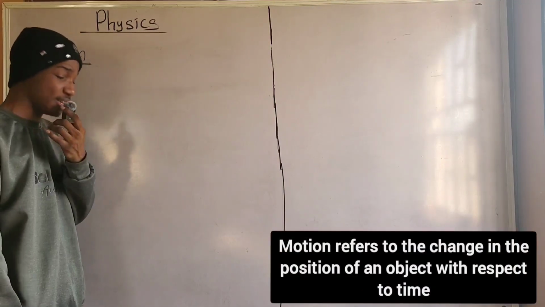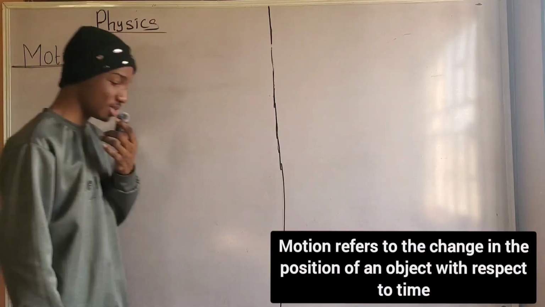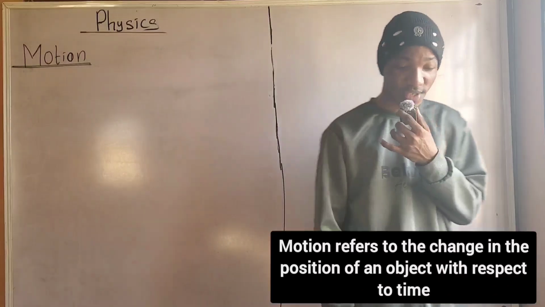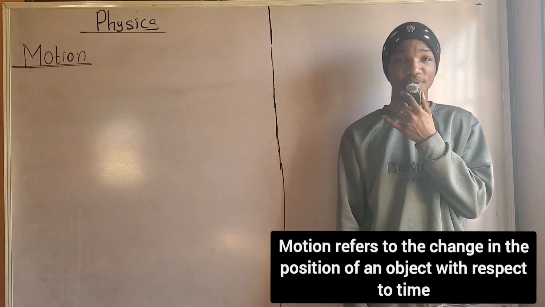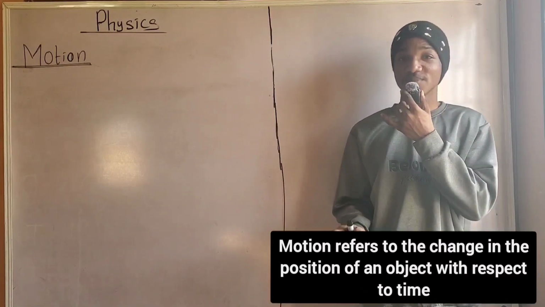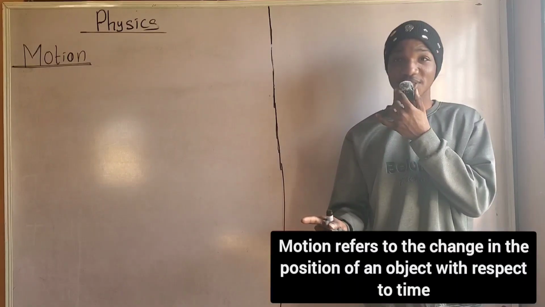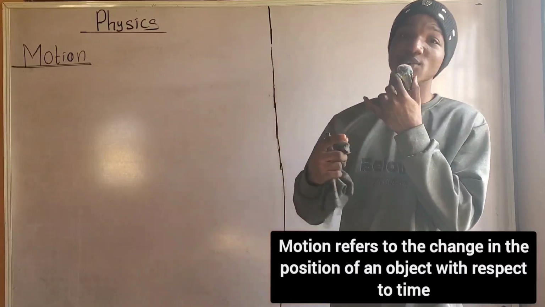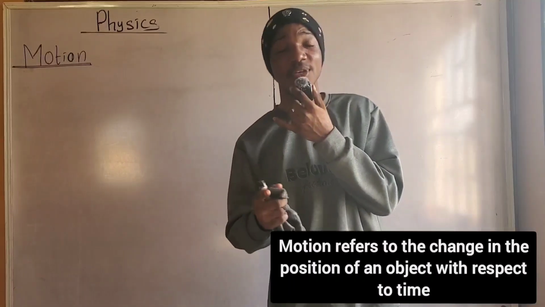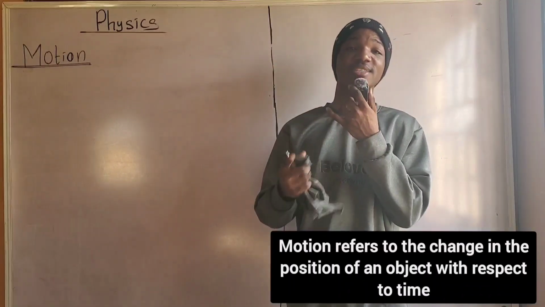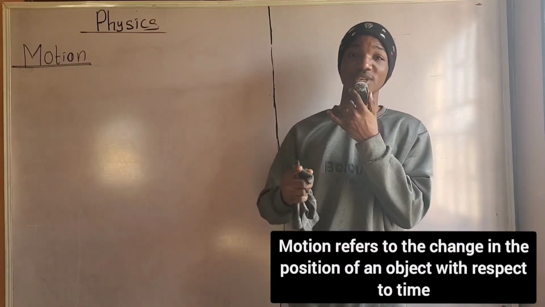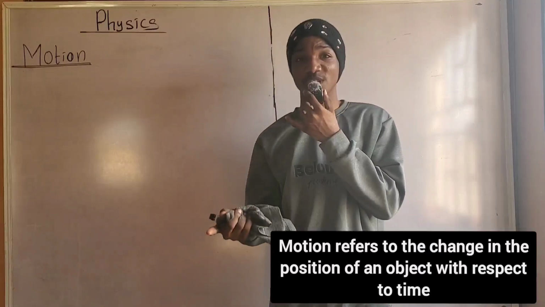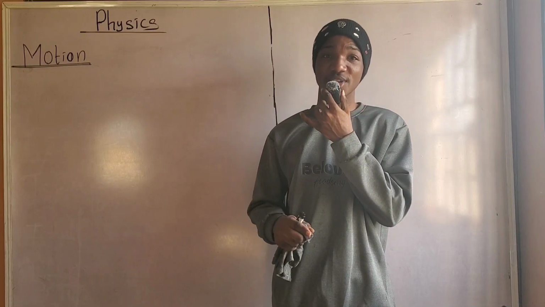Now, when I move from this point to this point, you can see that there is a change in position. Now, there is an important factor, and that is time. So, no matter how large or small the distance that an object covered, time is always factored. That is why we say motion refers to the change in the position of an object with respect to time.